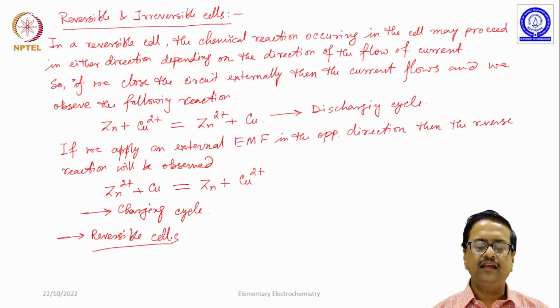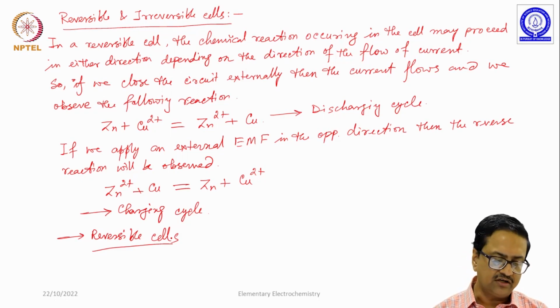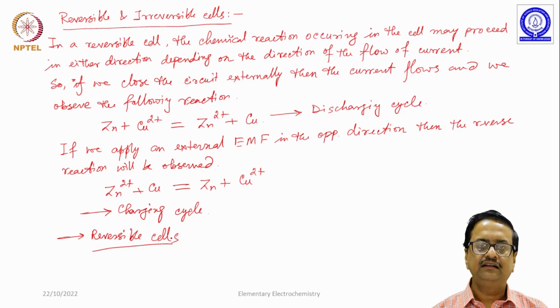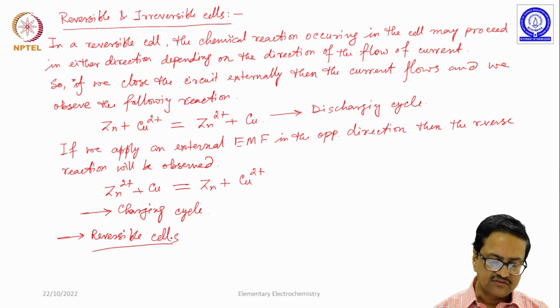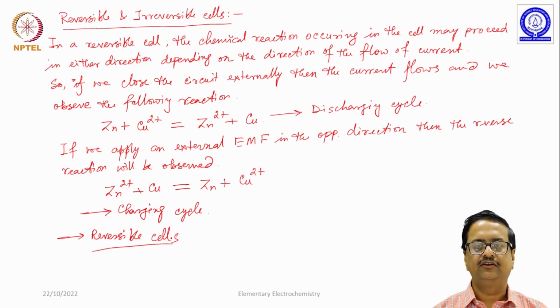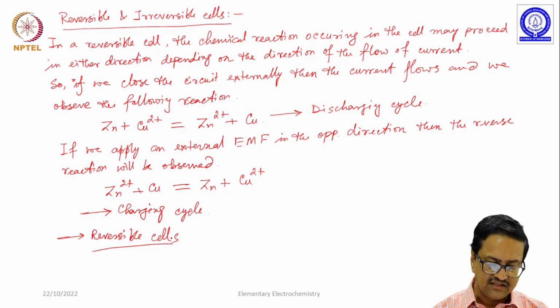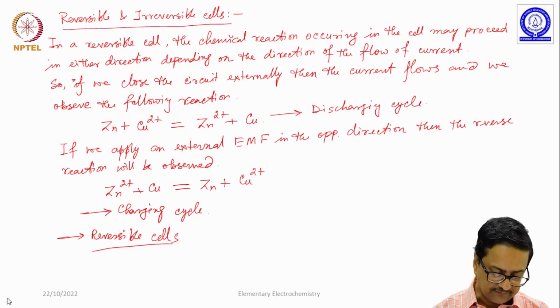Then the other types of cells which cannot be recharged, for example, normal batteries that you encounter every day, cannot be recharged. Those can be used only once. So those kinds of cells in which the reaction cannot be reversed for various reasons are called the irreversible cells.